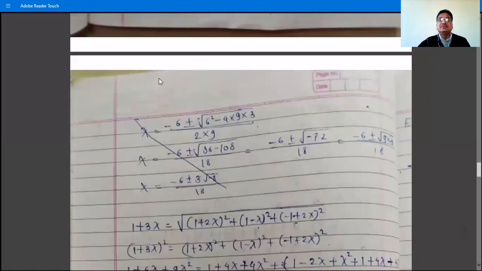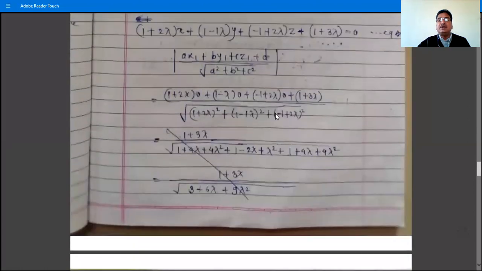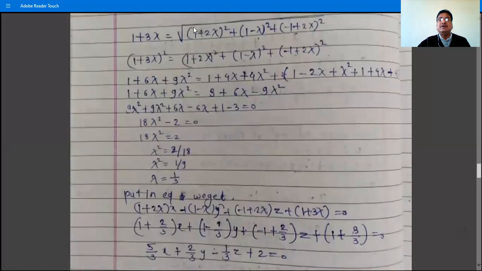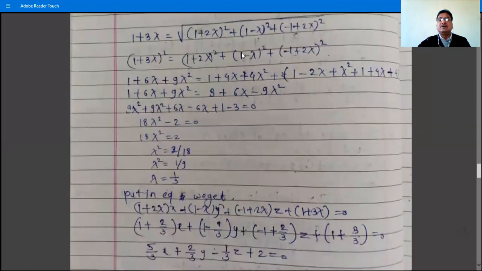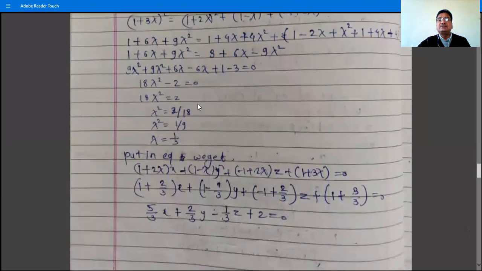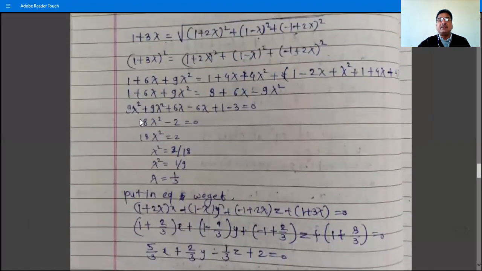Shift the denominator quantity to the RHS, so 1 into this is this quantity. So LHS is 1 plus 3 lambda, RHS is root of 1 plus 2 lambda square plus 1 minus lambda square plus minus 1 plus 2 lambda square. Then square both sides, find the square of each bracket, and then add and subtract the terms of lambda square, lambda and constant.